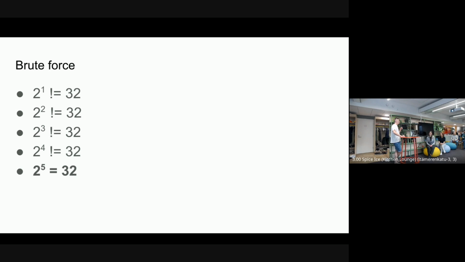Who can tell me what's the more optimal approach to figure out the power? Binary search. Thank you very much. So what we do is we know the 2, and we say, well, 2 is less than 32, right? We multiply by 2, so it's still less than 32.